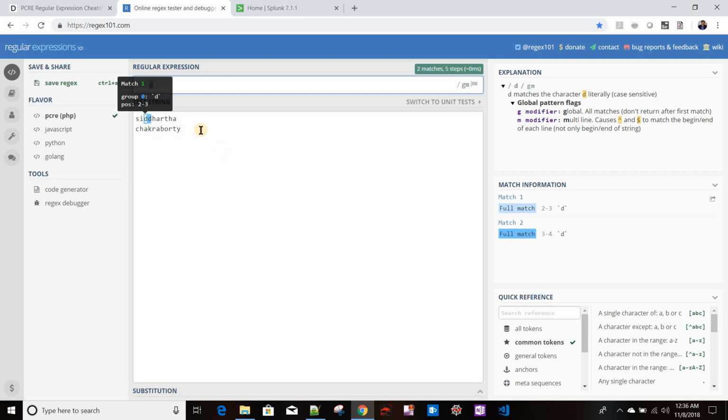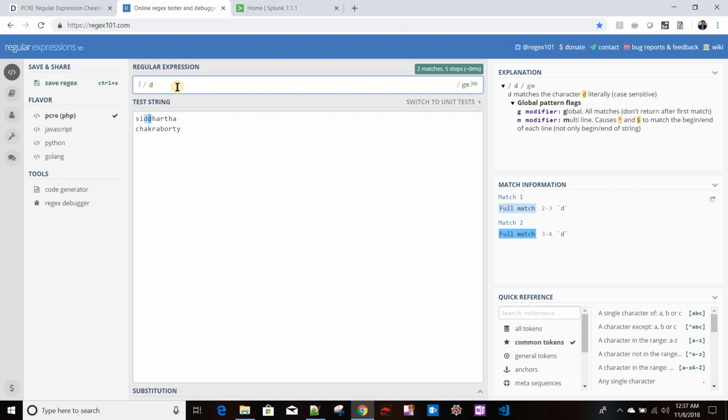So this is how it works. That's why, when I have given just D, it matches two D's over here. If you see at the right side, two matches happen. For the first match, it exhausted the full regular expression, then it forgets everything, moves on in the string, and matches the next D.